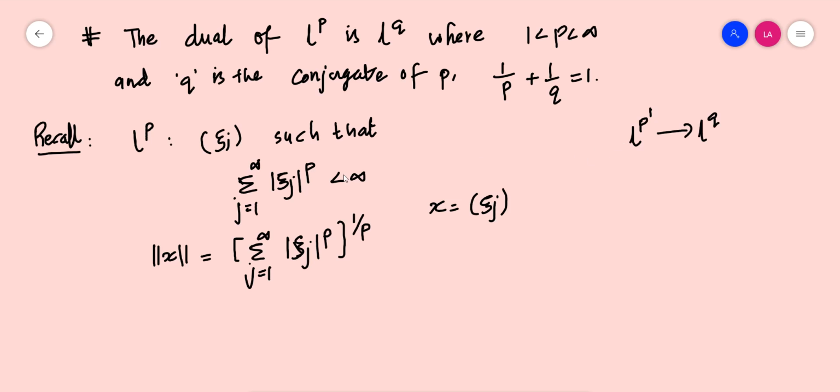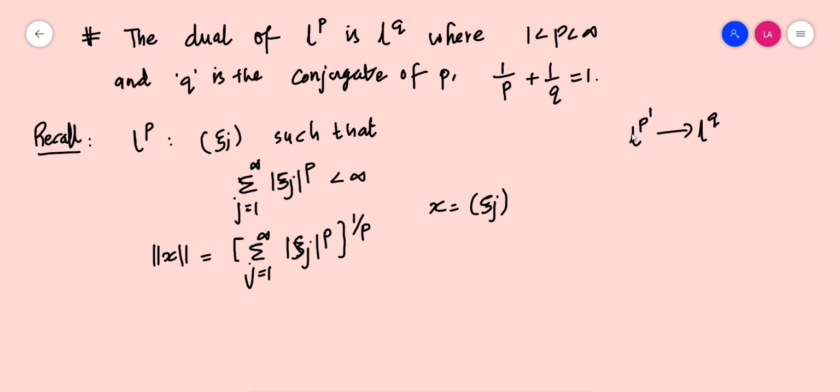For that, what we have done up until now is we have defined a basis on LP and represented every element x of LP in terms of the basis, and then taken an arbitrary linear functional defined on LP, which is in LP dash, and operated on x to find the value of f of x.